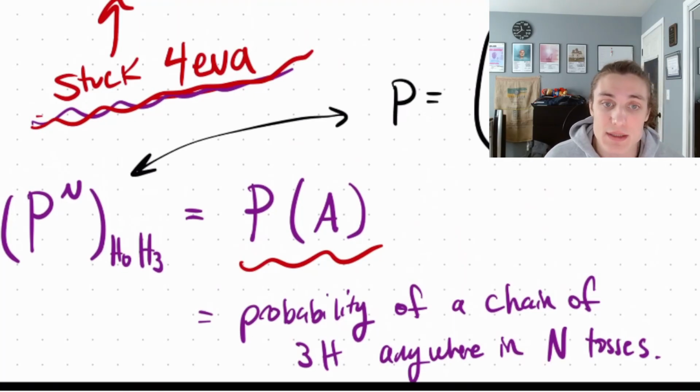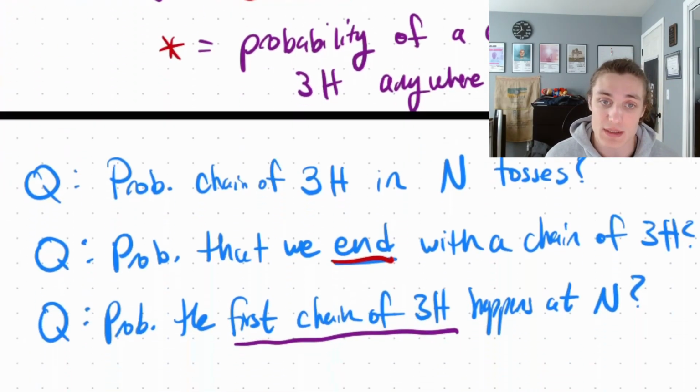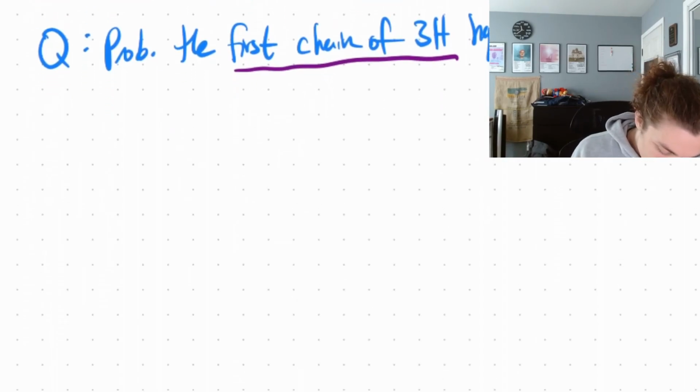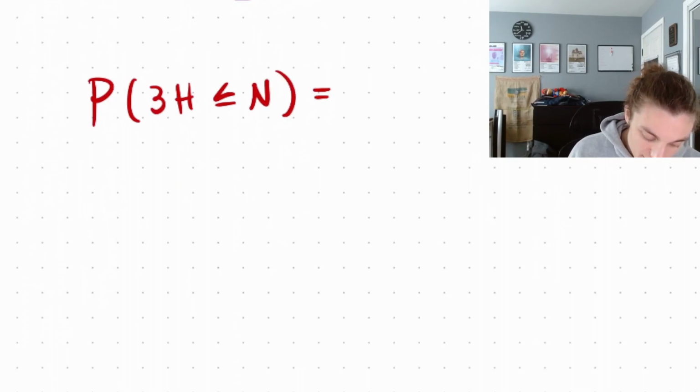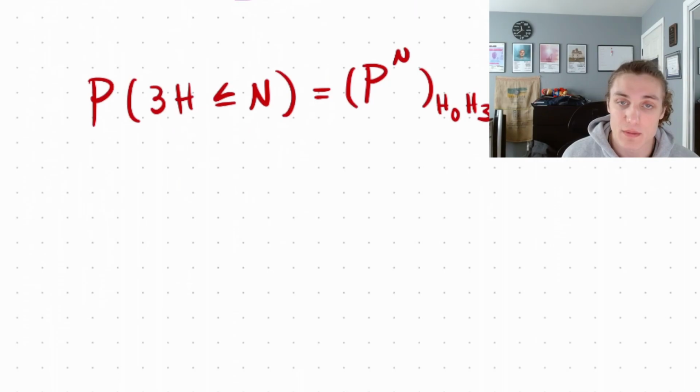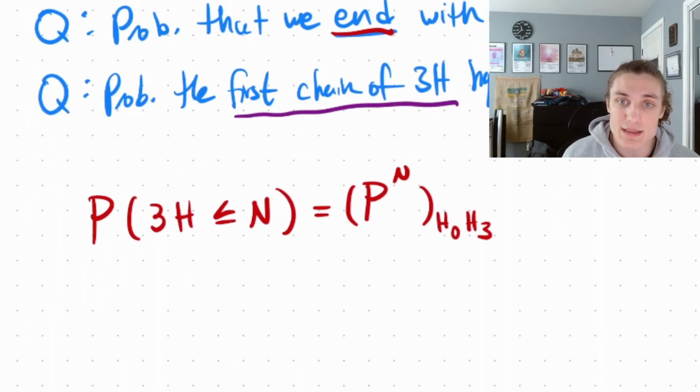What we're saying here is, this is the probability of a chain of 3 heads anywhere in n tosses, okay? So the probability of 3 heads in less than n is given by what? We say capital P to the n, H0, H3, right? What we want to see is, what if we wanted to figure out if the first time we ever saw it was at the end of the tosses, right?